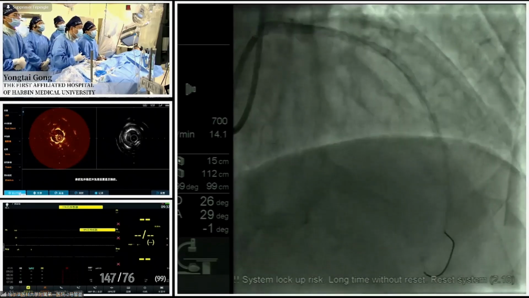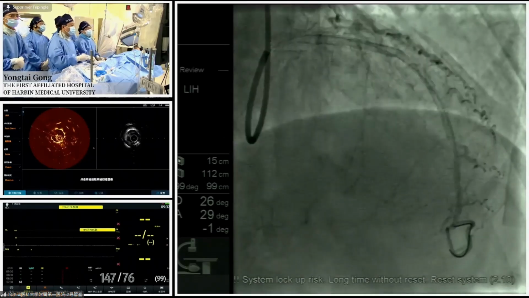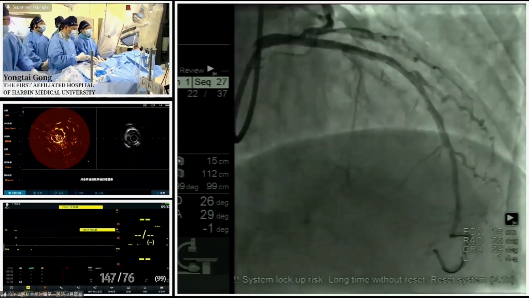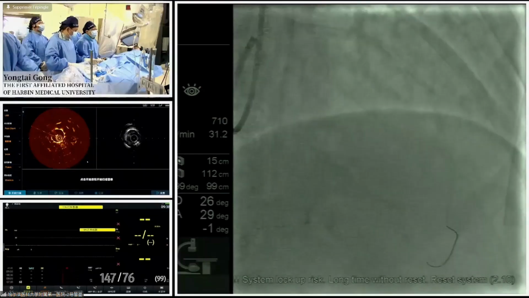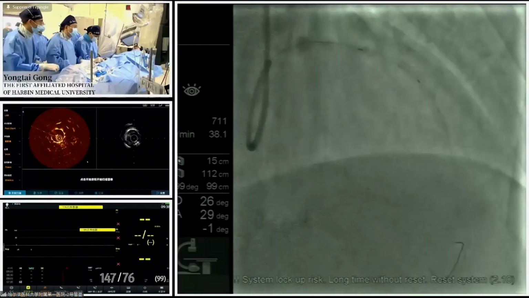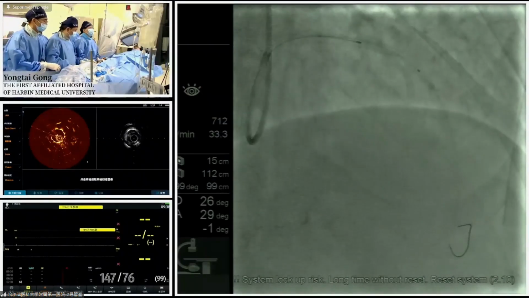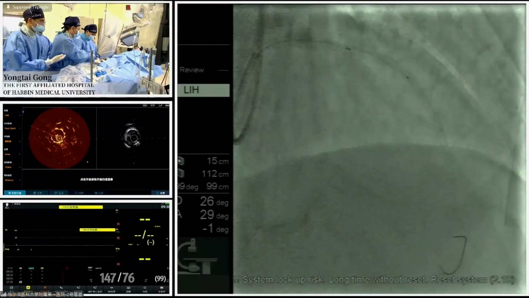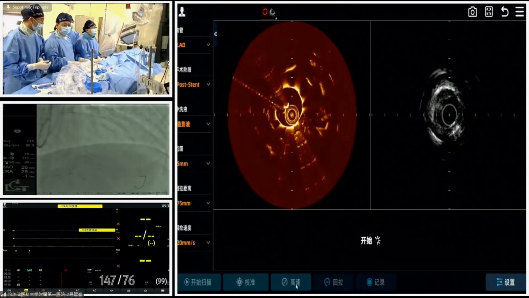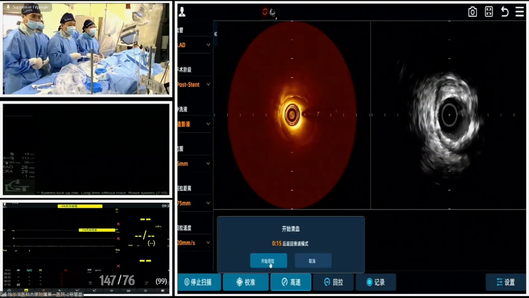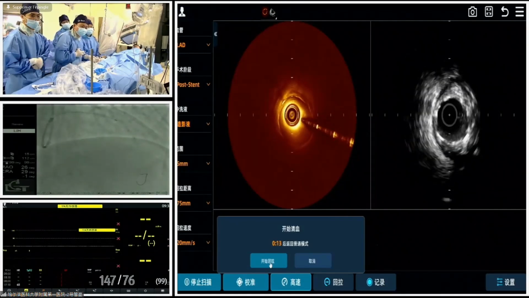Now we'll use the integrated imaging system again to see what is going on after stenting. Just get ready for the imaging. Ready. You ready? Yeah.